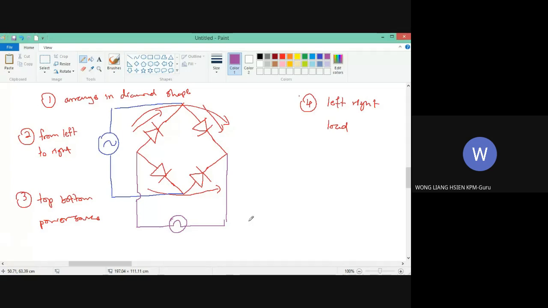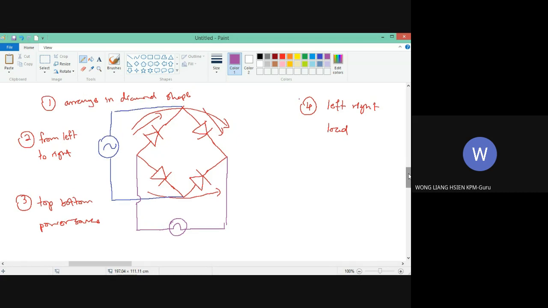Okay, now we want to see how the current can be converted from alternating current into direct current.